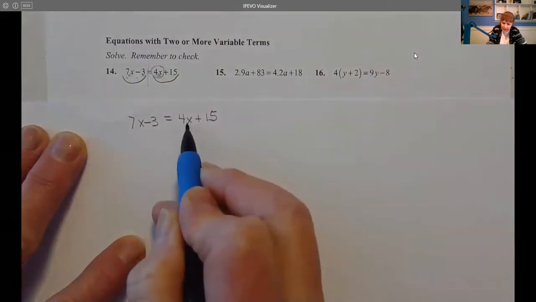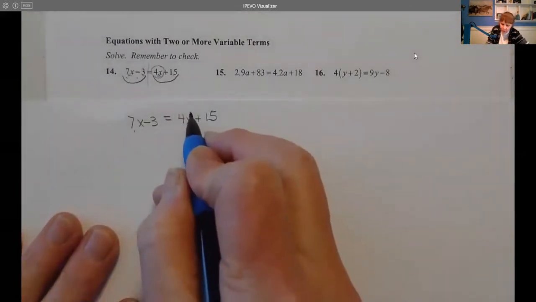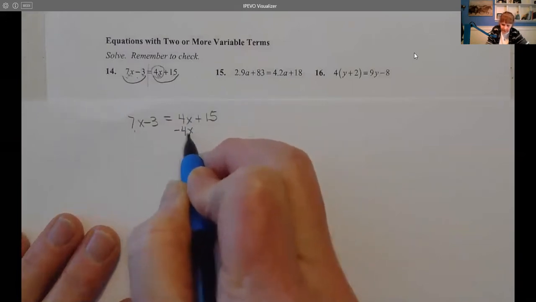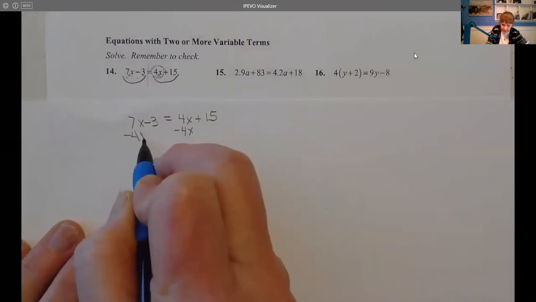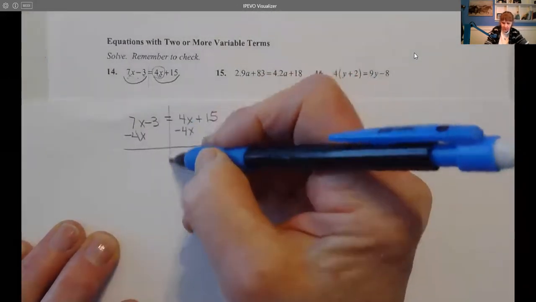So I'm going to take this and move it to the other side. So when you're solving an equation for a particular variable, you do need those variables on one side. All right. So I'm going to take the 4x and move the entire 4x. When you want to move an entire term, you add the opposite to both sides. And I'm going to put it under like terms. So there's my equal sign.